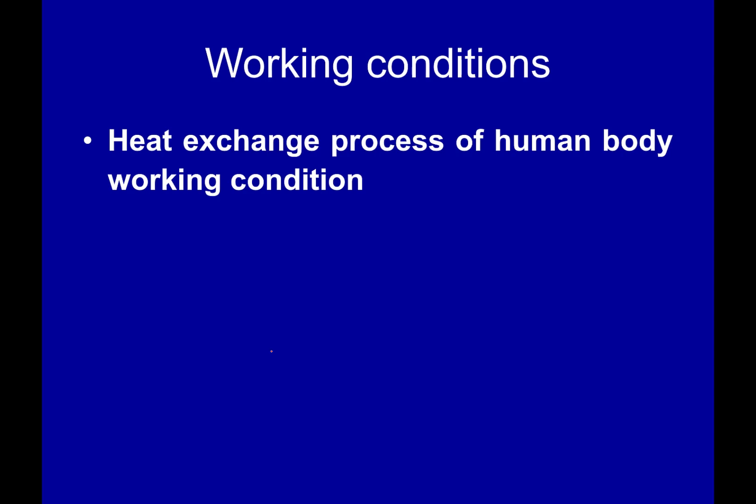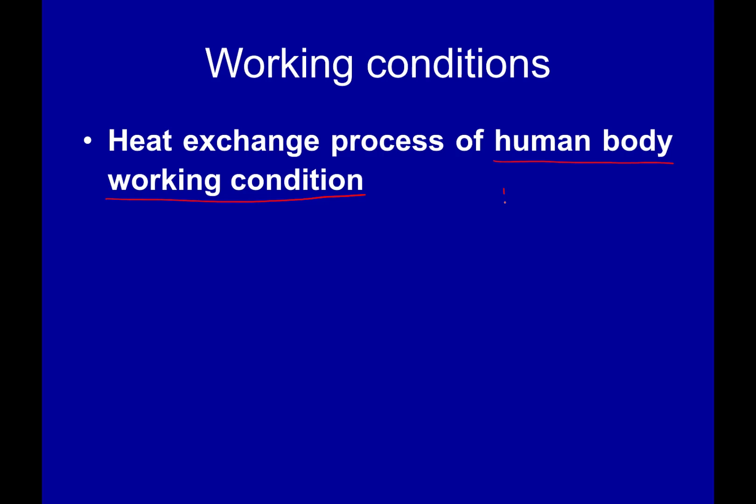Okay, so now next is the physiological aspect related with ergonomics, where we try to see how the working conditions affect the workers and the human being during the work. One is that during the work their energy is consumed, and at the same time heat is generated.